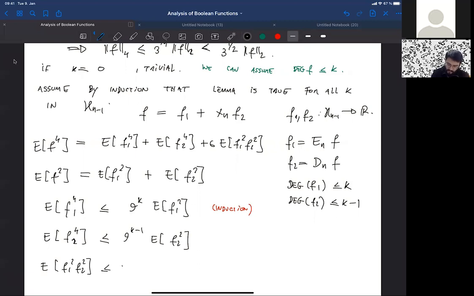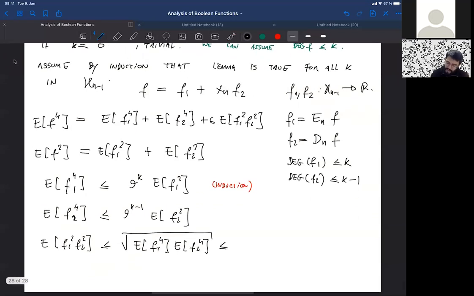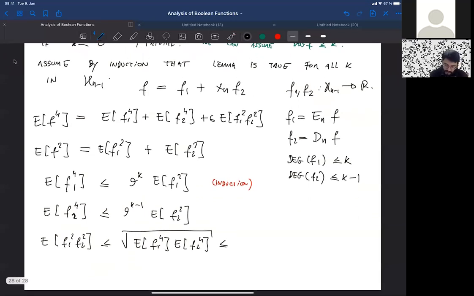And then we have this guy. So first we do Cauchy-Schwarz. And then we bound each one by the very same thing. So it would be 9^k times 3 times the expectation of f1 squared, the expectation of f2 squared.